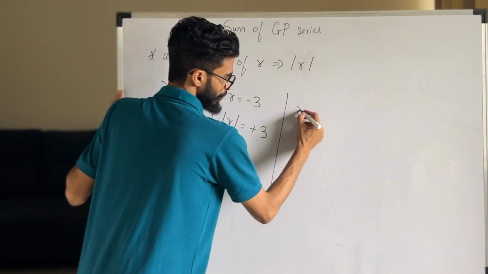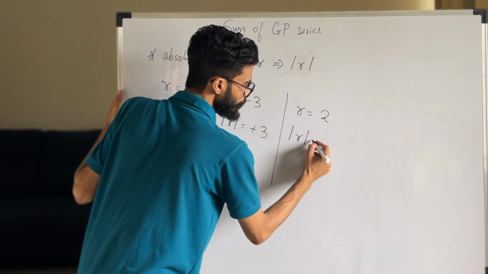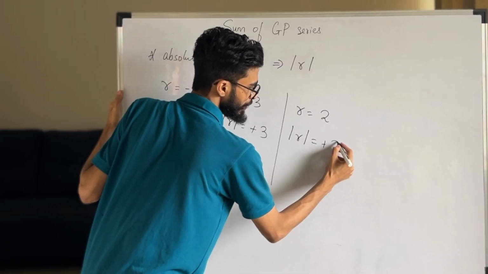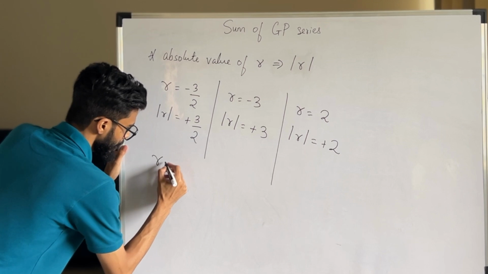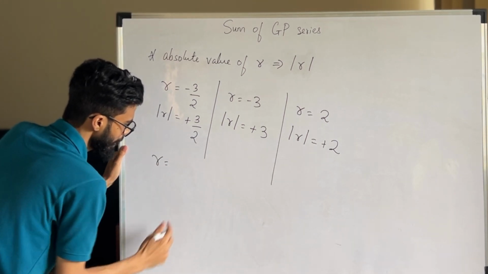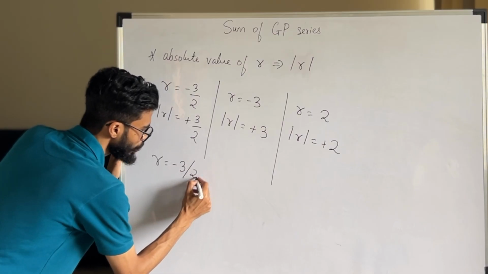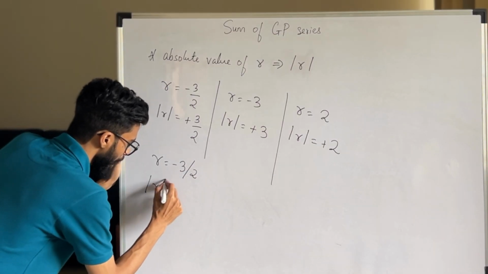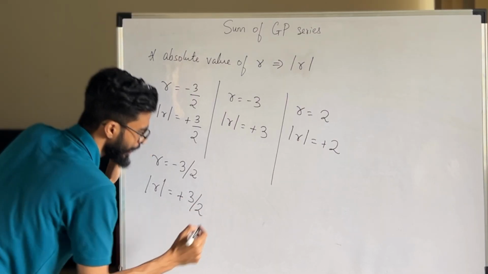Suppose I get common ratio as 2, then the absolute value will also be plus 2. Now if I get common ratio value as minus 3 by 2, my absolute value of R will be plus of 3 by 2.